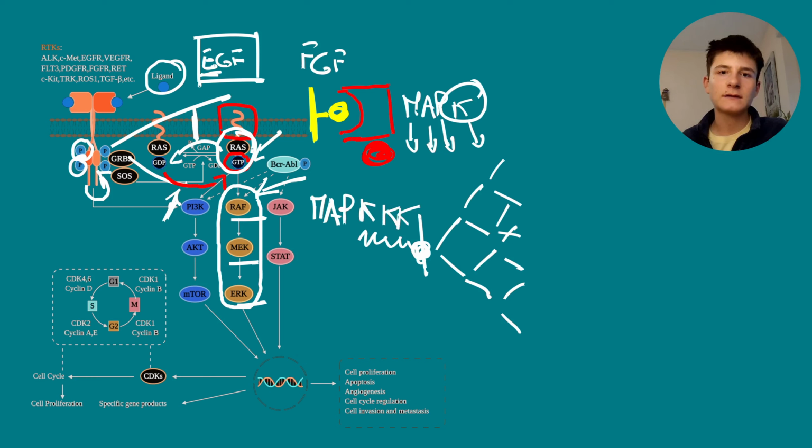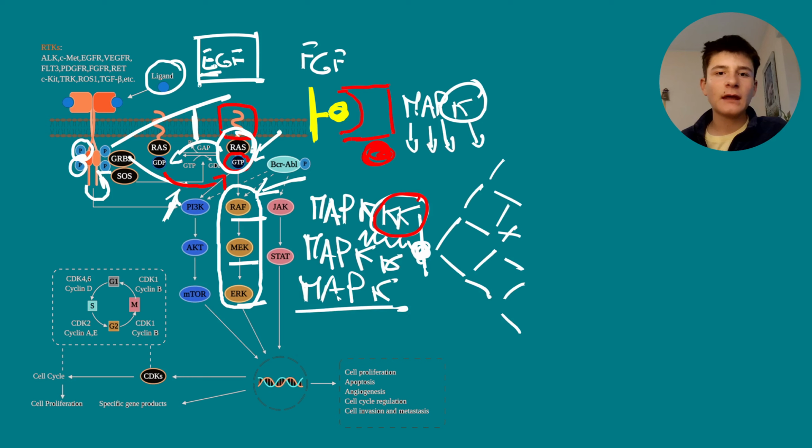So MAPKKK is a kinase that phosphorylates, so here in red, MAPKK, and MAPKK phosphorylates MAPK. And then MAPK, or ERK, is responsible for different gene regulations inside the cell.